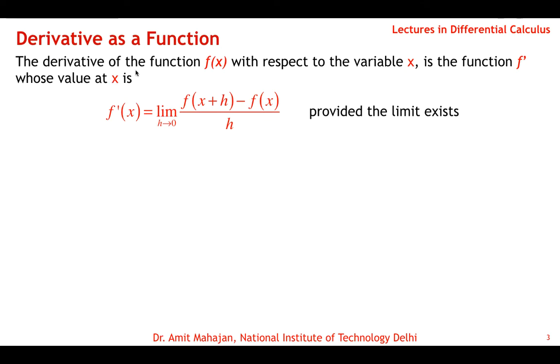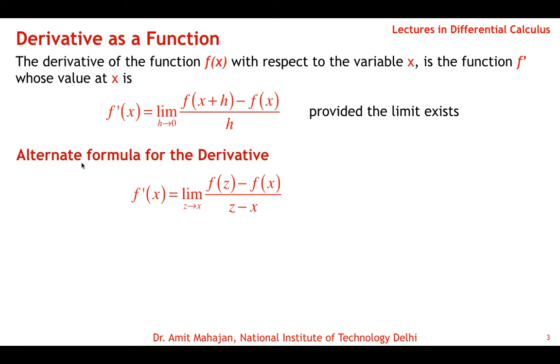So the derivative of the function f(x) with respect to the variable x is the function f dash whose value at x, where x is any point of the domain, is f dash x, which is equal to limit h tends to 0 of f of x plus h minus f(x) over h, provided the limit exists. It's just a generalization in the sense that instead of one point x naught, we can calculate the derivative at each point x where the points x are in the domain of the function.